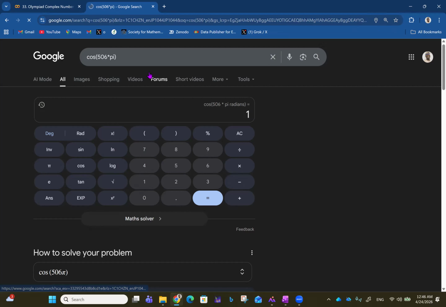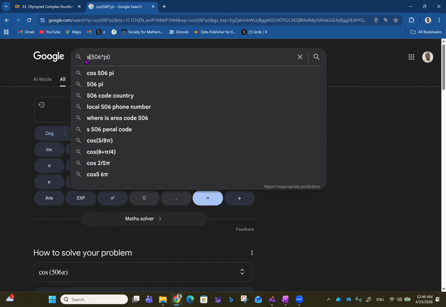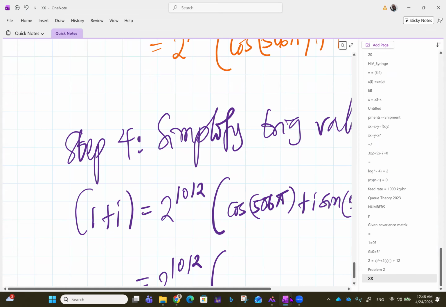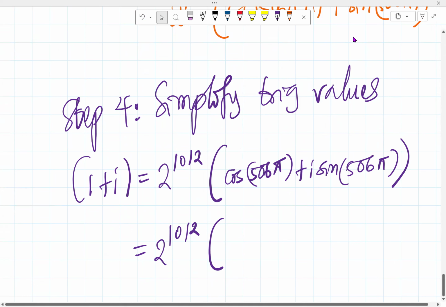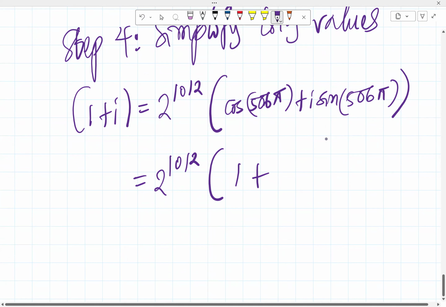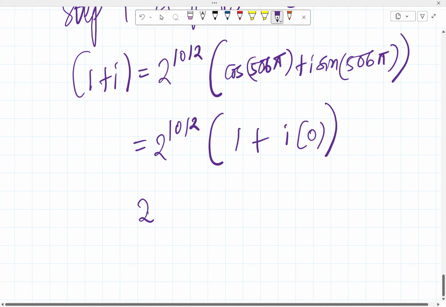That is 1, as big as that is. And sine, we do the same thing. Sine 506 pi is 0. No matter how big it gets, everything ends up being 0 or 1 in most cases. So cos 506 pi is 1, then i sin 506 pi is i times 0.